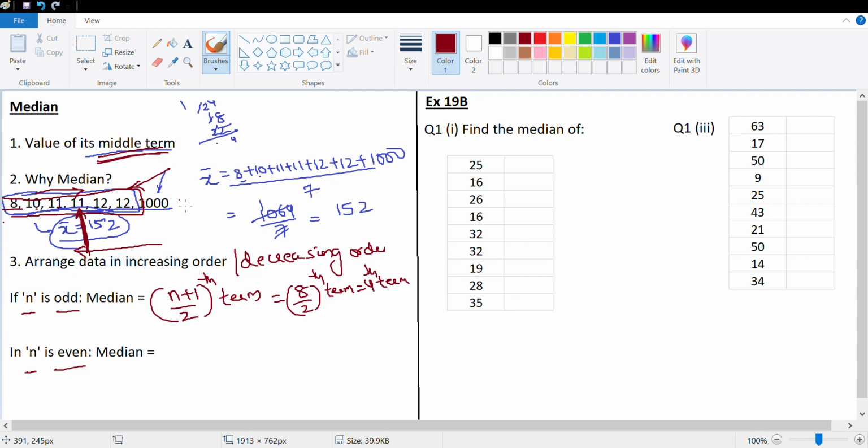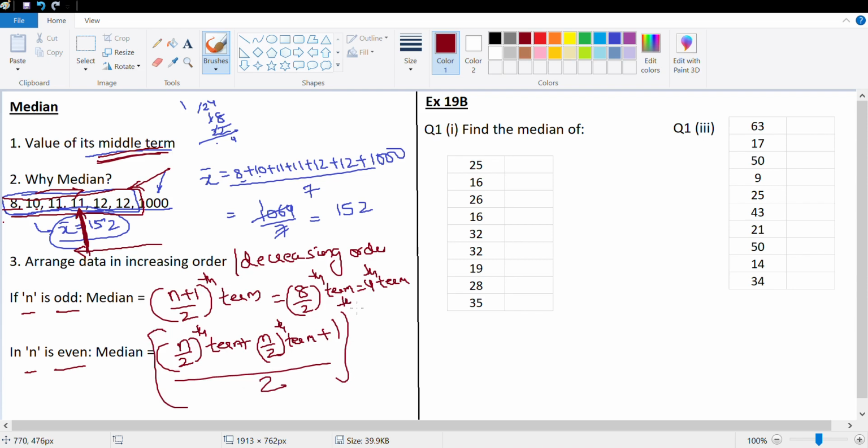In case n is even, the median is calculated as the (n by 2)th term plus the (n by 2 plus 1)th term, upon 2, which means we take the average of the two middle terms.